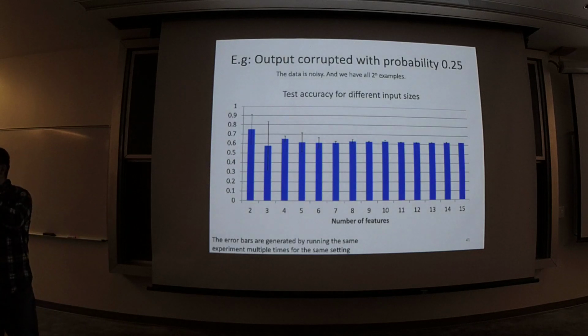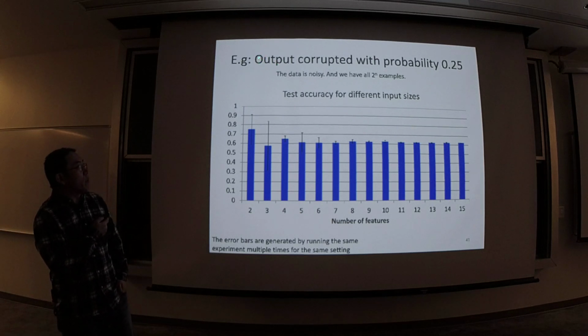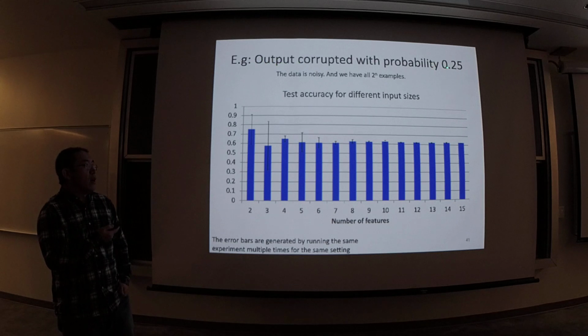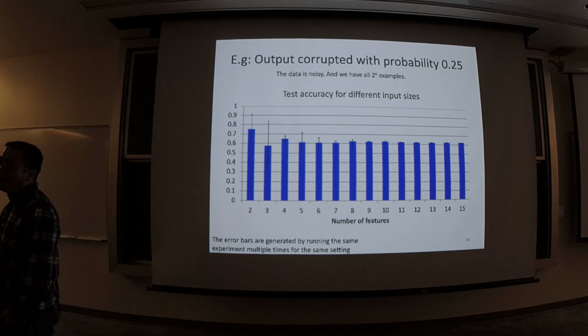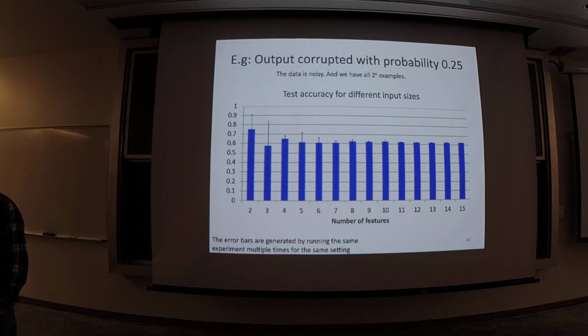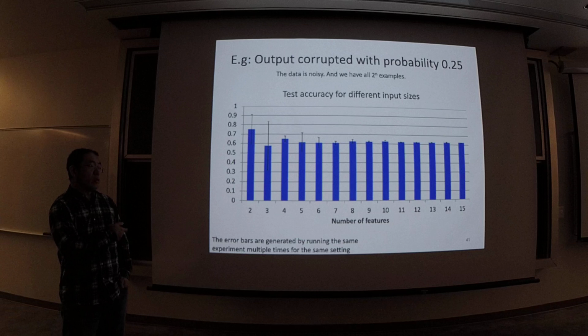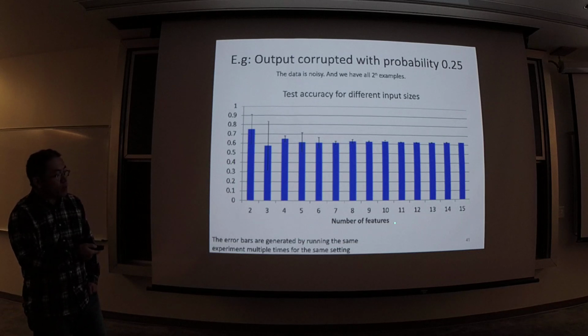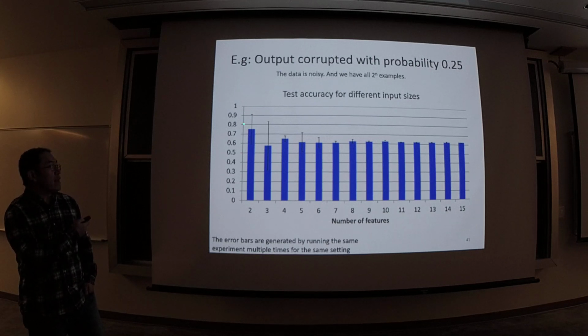We can conduct experiments, right? So suppose my chance to corrupt the output for both training and test has a probability 0.25, right? You have a one-fourth chance to flip your training label and test label. So these are the results, right? The x-axis represents the number of features I used for the experiments, and the y-axis represents the test accuracy.